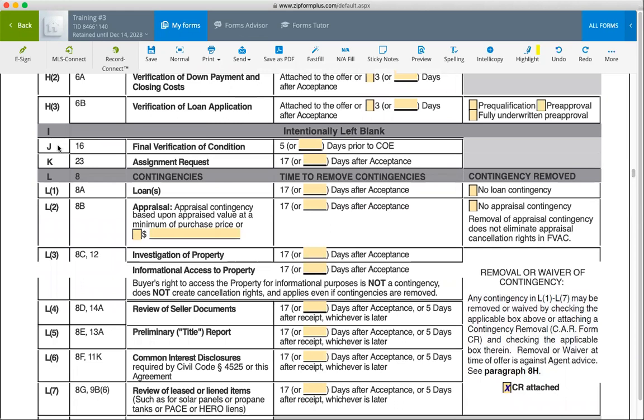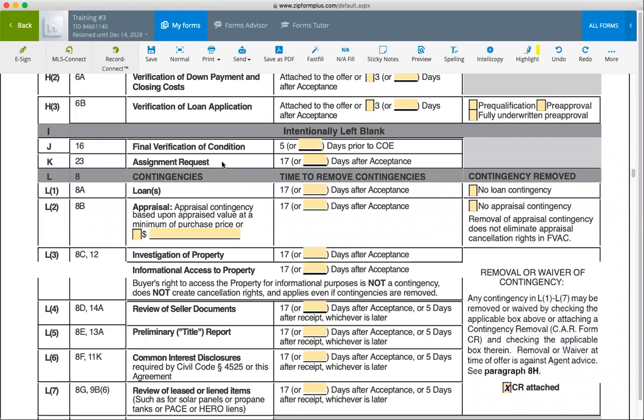Now we jump over to the next section, which is J, a final verification of the property. Paragraph 16 deals with that. The default is 5 days prior to close of escrow. You'll do final verification. K deals with assignment of the contract.